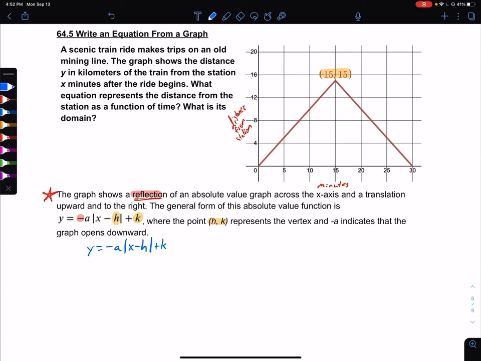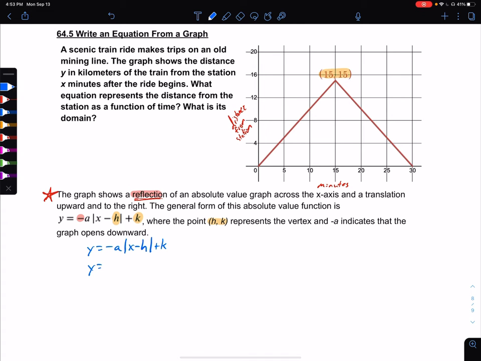To come up with a function, we need an a value, an h value, and a k value. Right now, I know that I have an h and a k value because I know what the vertex is, 15, 15. So we're going to use that. But I don't know what a is, so we're going to have to solve for a. And it's actually not going to be too bad. You'll see pretty quickly how you can solve for that.